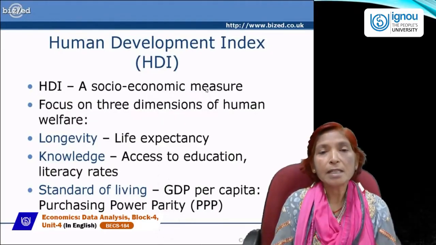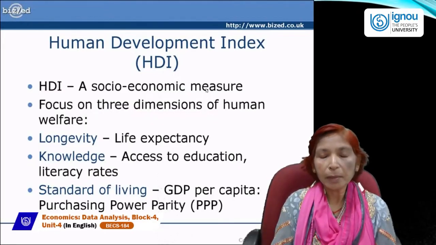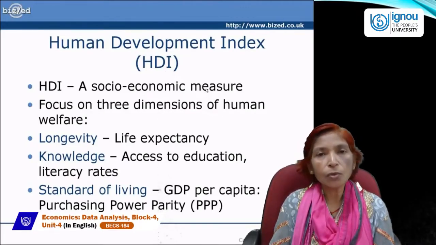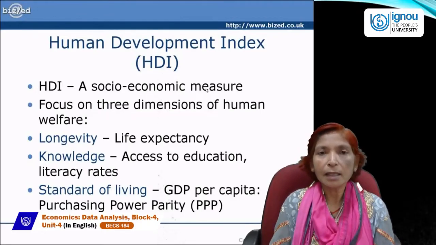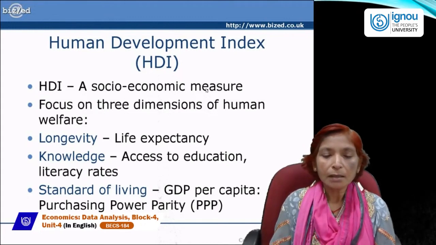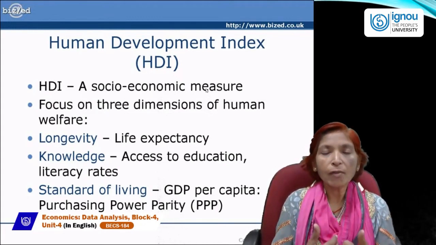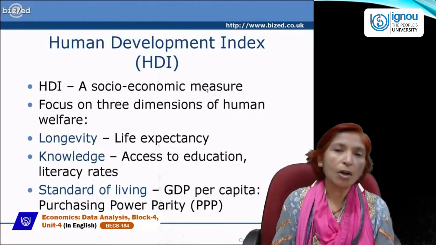Standard of living depends upon purchasing power parity. This is called PPP, triple P. This purchasing power parity theory was developed by Gustav Cassel. This theory tells us about how much purchasing power the Indian rupee has and how much purchasing power the American dollar has.